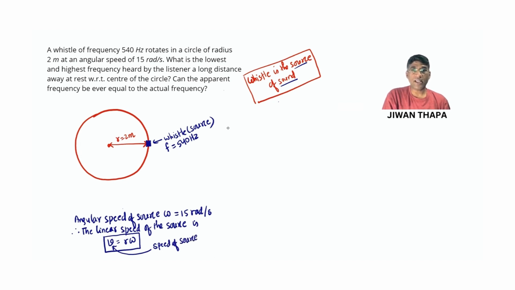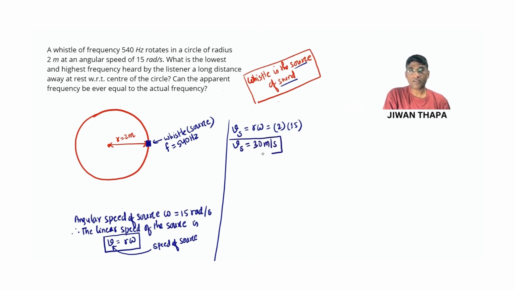So the speed of the source vs equals r times omega, and we know r is 2 and omega is 15. Therefore, the linear speed, or the speed of the source, equals 30 meter per second.